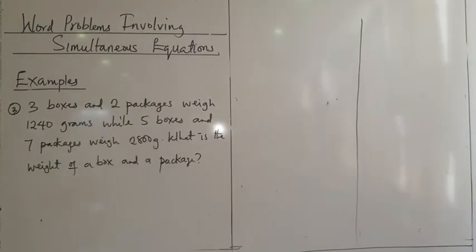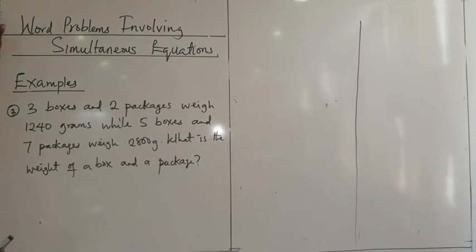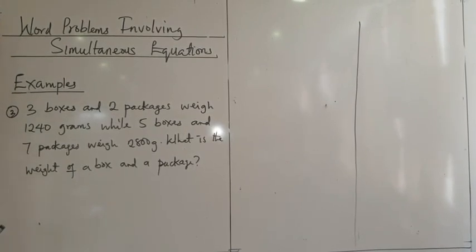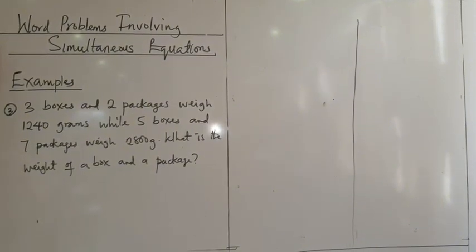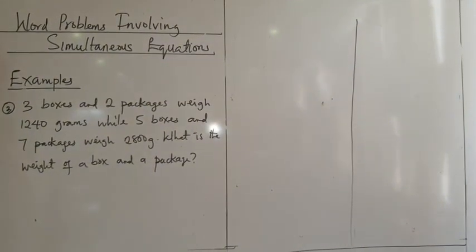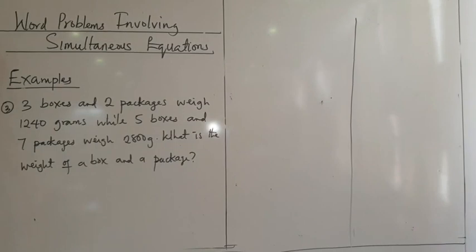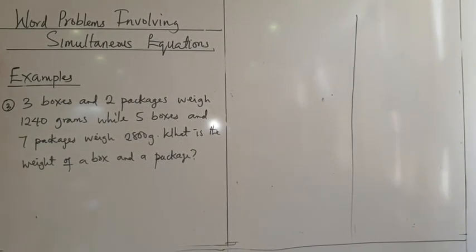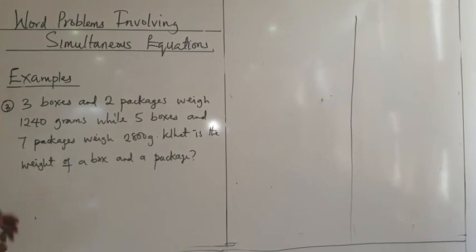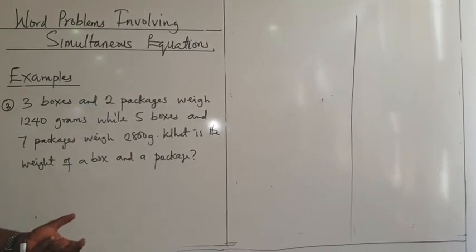Example 3. We have 3 boxes and 2 packages weigh 1,240 grams, while 5 boxes and 7 packages weigh 2,800 grams. So what is the weight of a box and a package? We're looking for the weight of one box and one package.